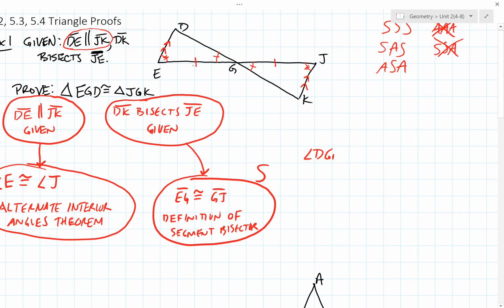Angle DGE is congruent to the angle that's across from it. So that is JGK, angle JGK. And the reason, how do we know that's true?